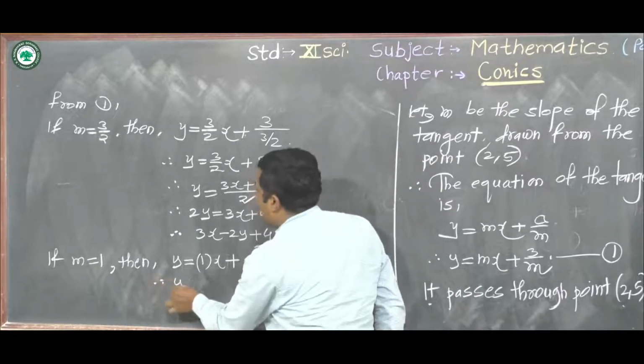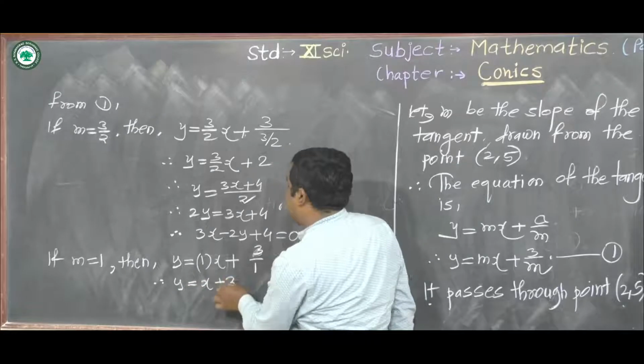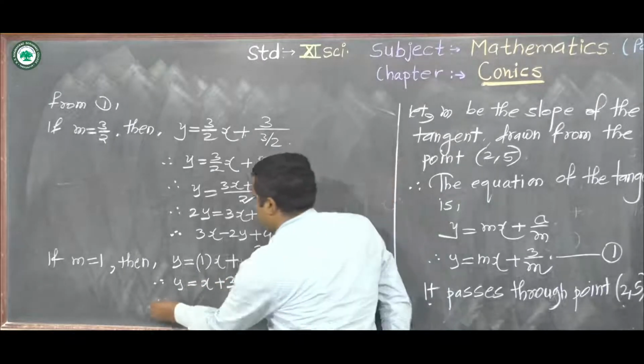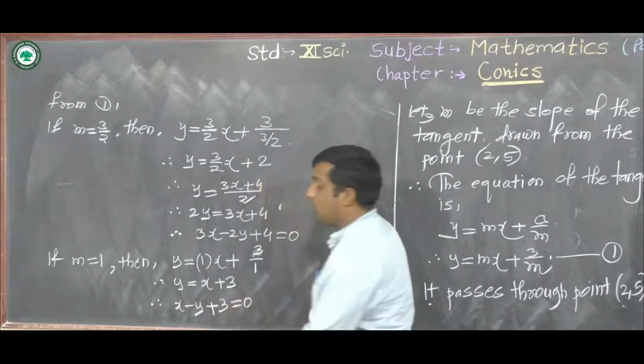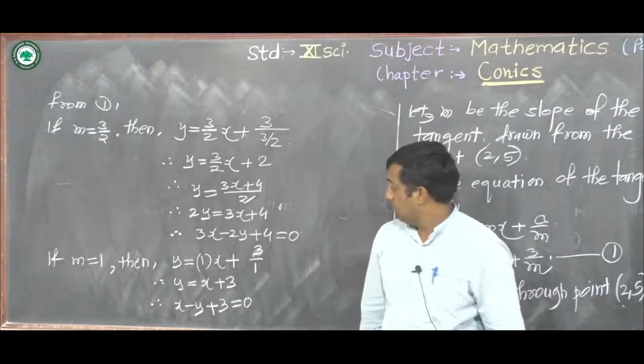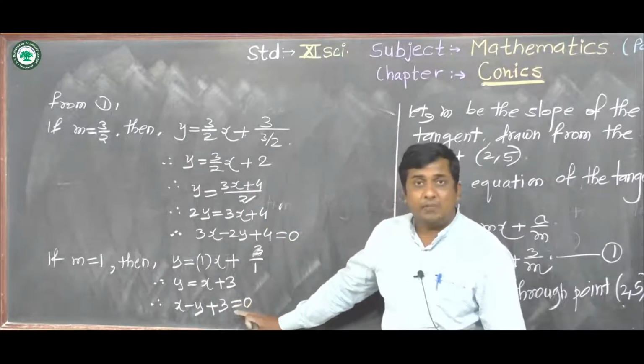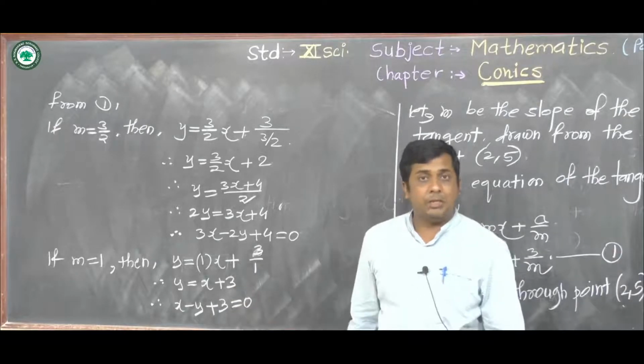Therefore y is equal to x plus 3, and in the last step, x minus y plus 3 is equal to 0. So this is our second equation of the tangent.